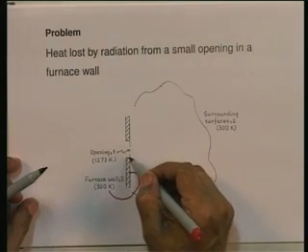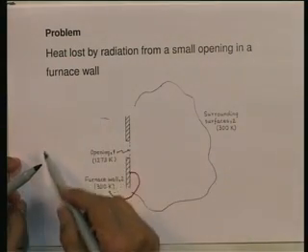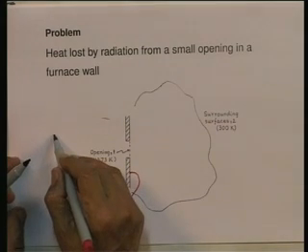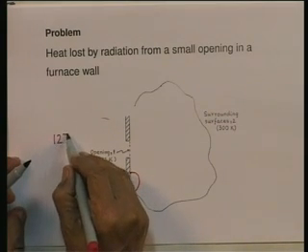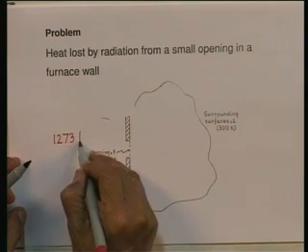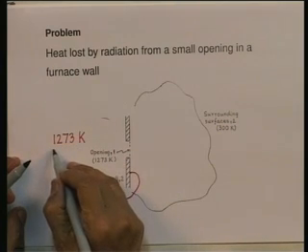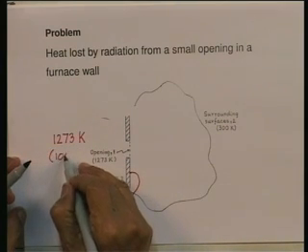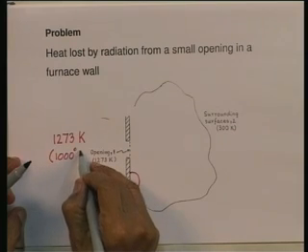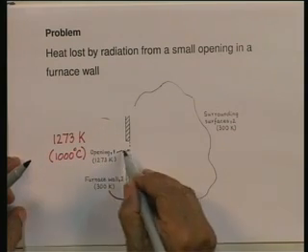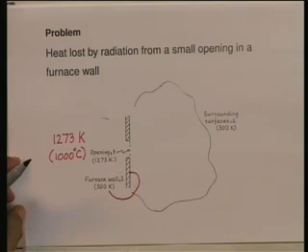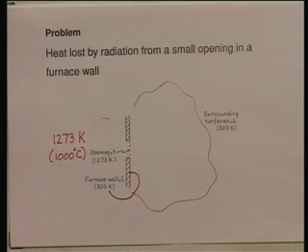I would like to know how much is being lost, because inside here the temperature is 1273 Kelvin, that is 1000 degrees centigrade. So, furnace inside here at 1000 degrees centigrade. So, how much radiant energy is being lost through this opening?